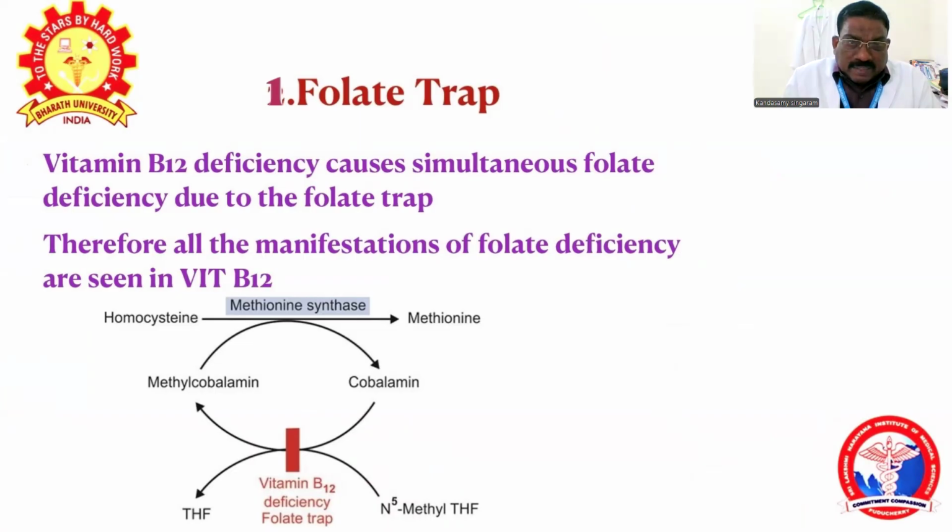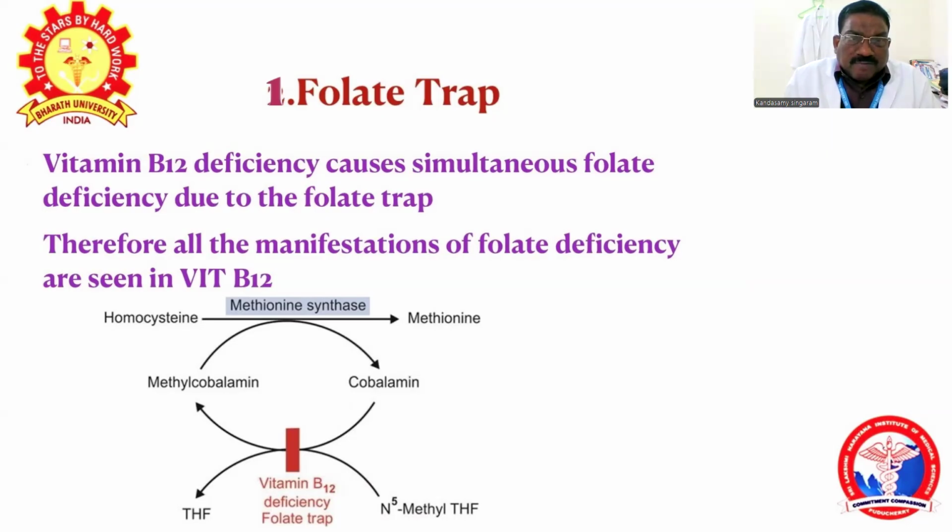Folic acid in the form of N5-methyl tetrahydrofolate donates the methyl group to vitamin B12, that is cobalamin. The cobalamin becomes methylcobalamin. The methylcobalamin again donates to homocysteine. The homocysteine becomes methionine after obtaining the methyl group from methylcobalamin.